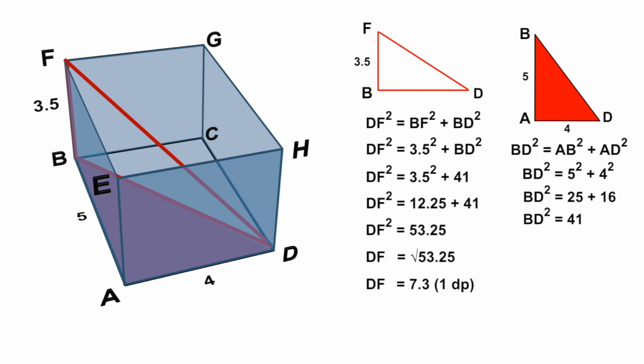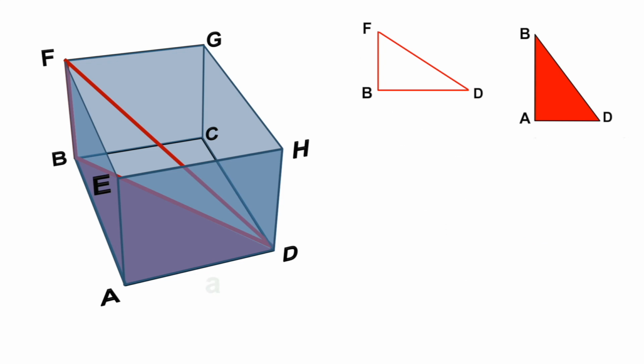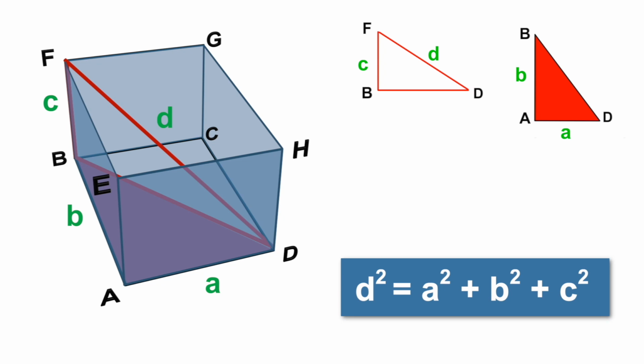We can actually create a rule for finding this length. If A is the width, and B is the length, and C is the height, and D is the length we are trying to find, then D squared is equal to A squared add B squared add C squared. Here's why. We know that to find the length D squared, it must equal C squared, which is the height, add BD squared.